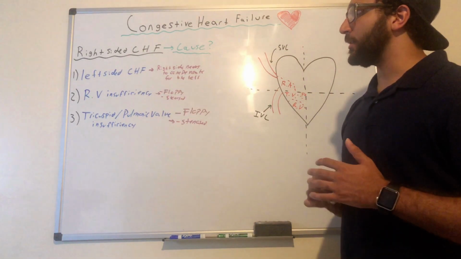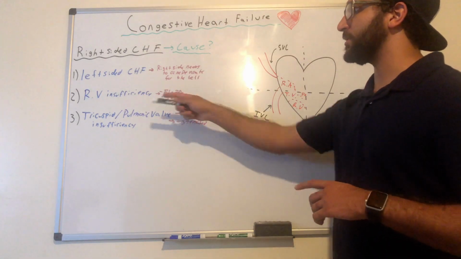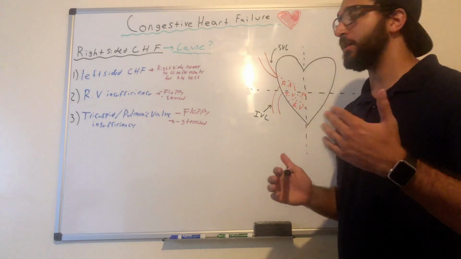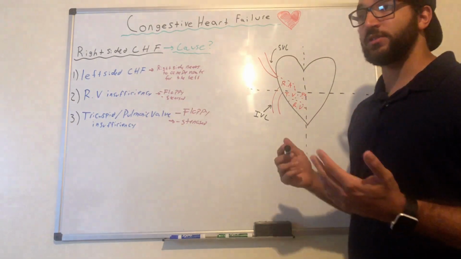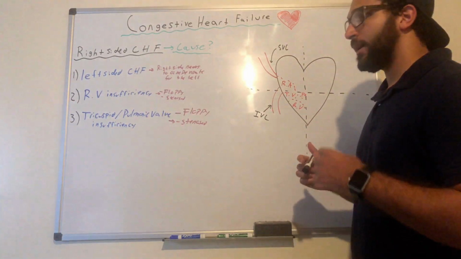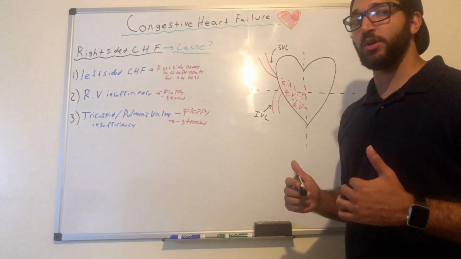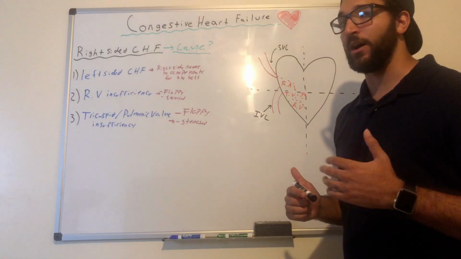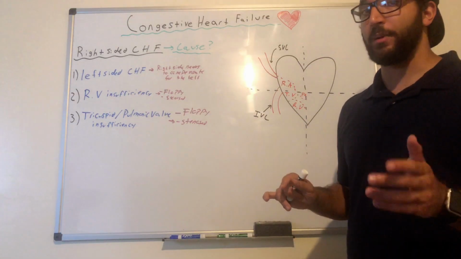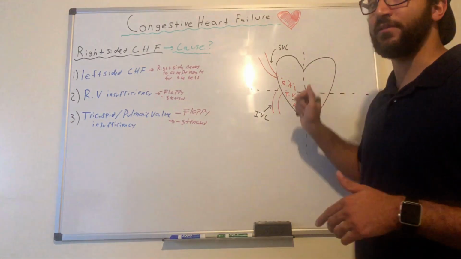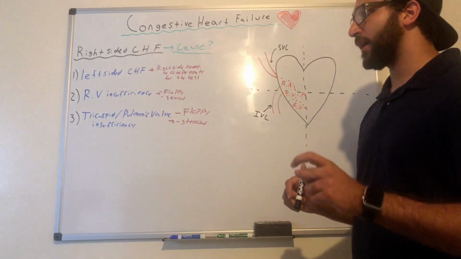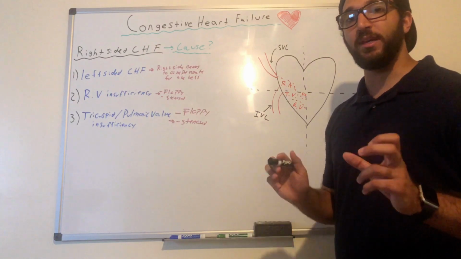The second reason why right-sided CHF happens is that the right ventricle is insufficient, meaning it could be floppy or it can be stenosed. If it's stenosed, there's going to be a narrowing, and it's going to have to work much harder, and over time that ventricle is going to give out. Therefore, it's not going to be able to pump out that deoxygenated blood to the left side so it can be pumped out systemically. The third reason is that the tricuspid valve and the pulmonic valve could be insufficient.